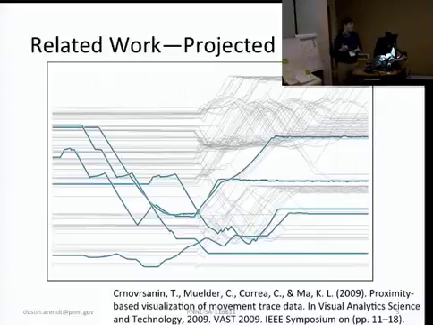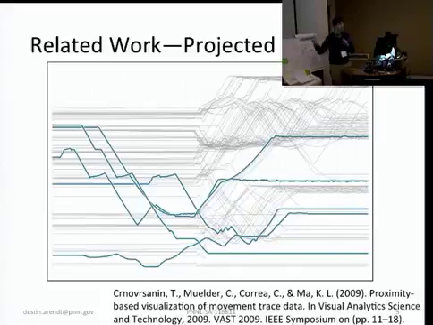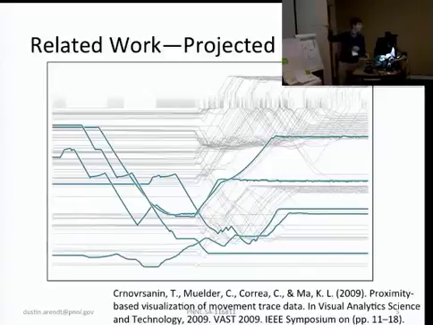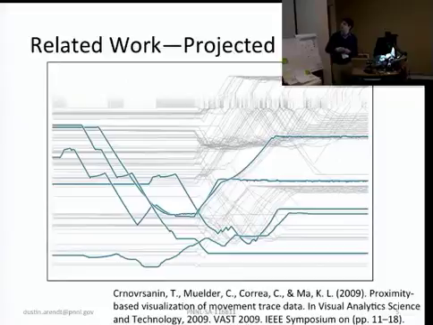The way they do that is using principal components analysis. They just run PCA on the 2-dimensional points, treating each, let's say, GPS sample as an independent sample, and project this data down to 2 dimensions. So the horizontal axis is time, and the vertical axis is the primary principal component. And it kind of works. But I think we can do better.